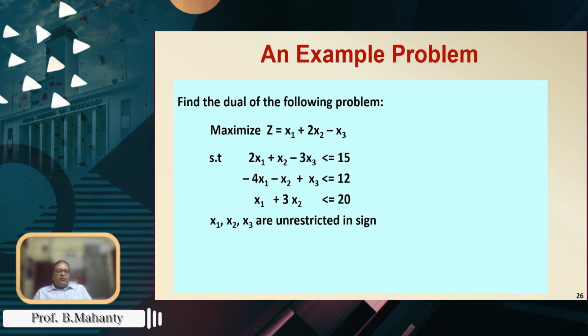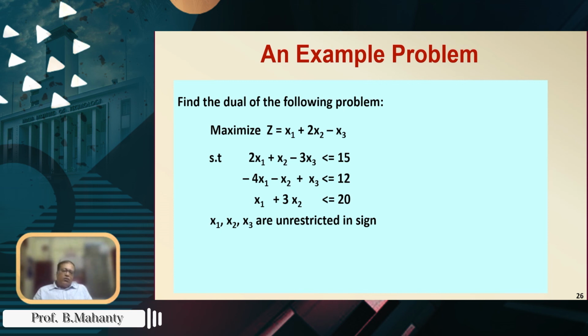Now what should be the constraints? 2y1 minus 4y2 plus y3. Now it should be what? It's connected to the variable type. Look here, the first constraint is related to the variable type. So what is the variable type? x1, x2, x3, all the variable types are unrestricted in sign.